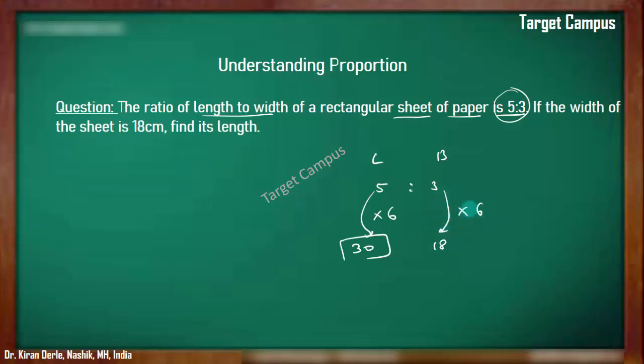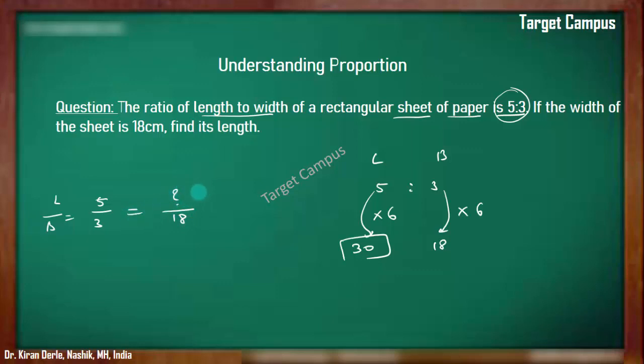If you want it in proportion format, 5 is to 3, the length upon breadth ratio, should be equal to, this is our width, 18, and this is what is asked.